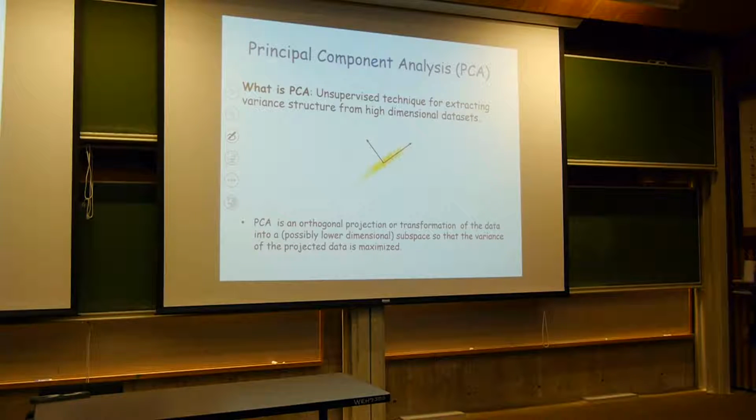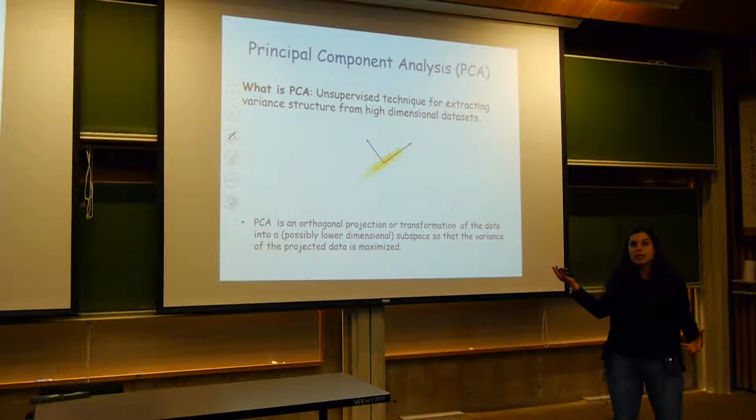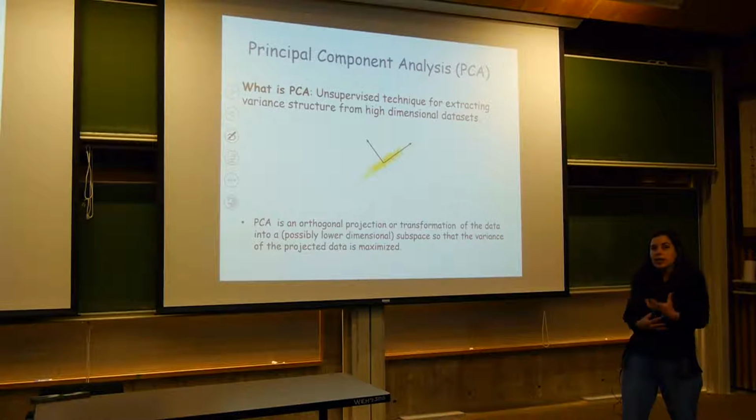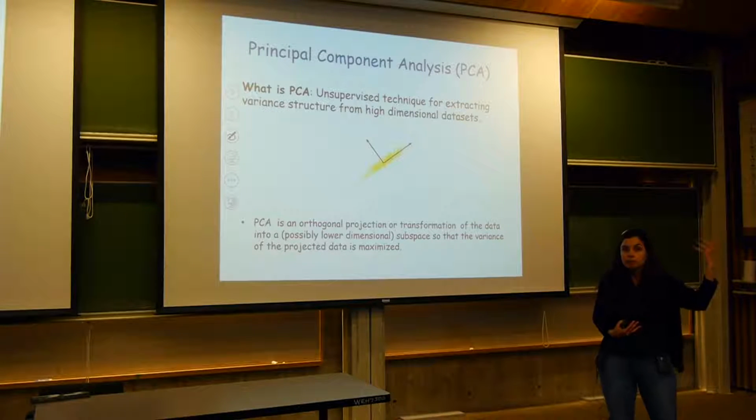So roughly speaking, PCA, or principal component analysis, is an unsupervised technique, so it only uses unlabeled examples. It's an unsupervised learning technique for extracting structure from a high-dimensional data set. And by structure, we really mean variance structure. We want to find a low-dimensional subspace that captures as much as possible of the variance or covariance information of the high-dimensional data.